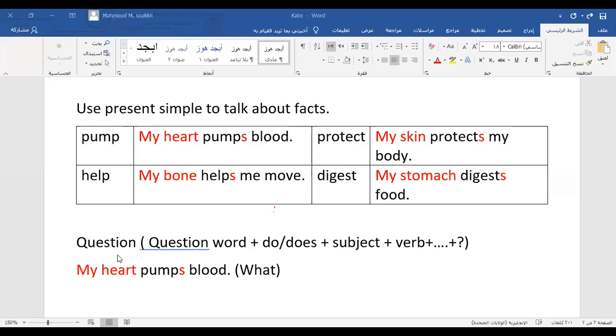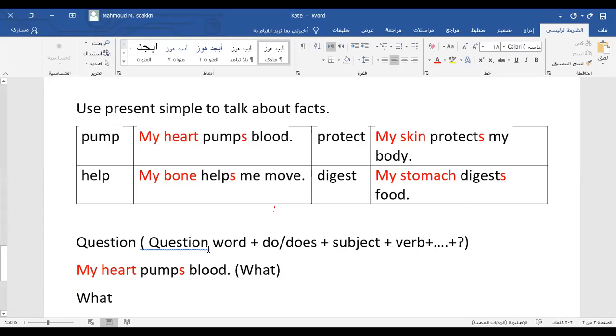What is the question word? The question word is what. It asks us what about things. Okay? So we start with the question word. So, what. Now, Yasin, after the question word, look at the grammar.